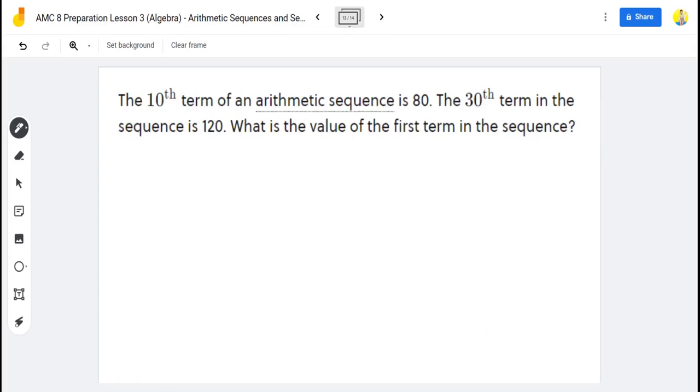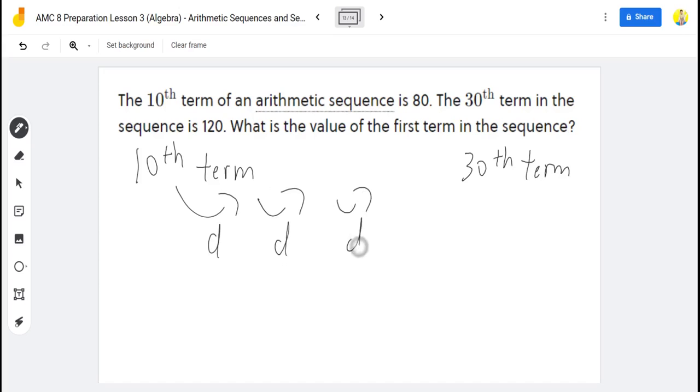The 10th term of an arithmetic sequence is 80. The 30th term of the sequence is 120. What is the value of the first term of this sequence? Well, from here, we see that from the 10th term to the 30th term, you added d, or the common difference, 20 times. So we get that 20d equals 120 minus 80, and d equals 2.